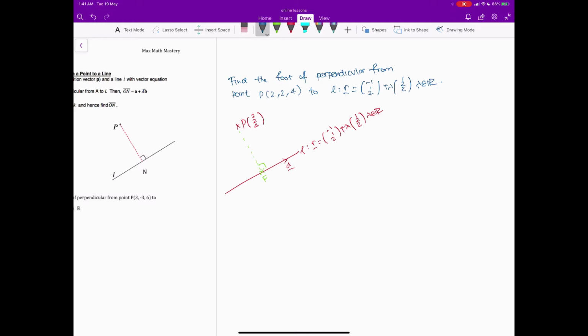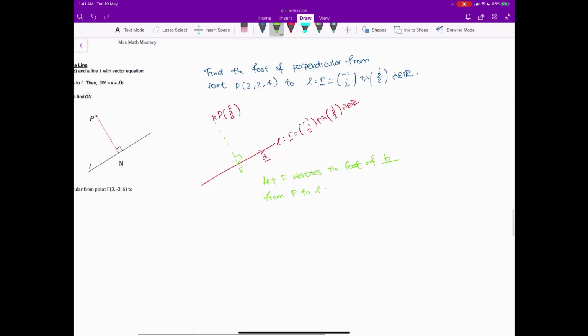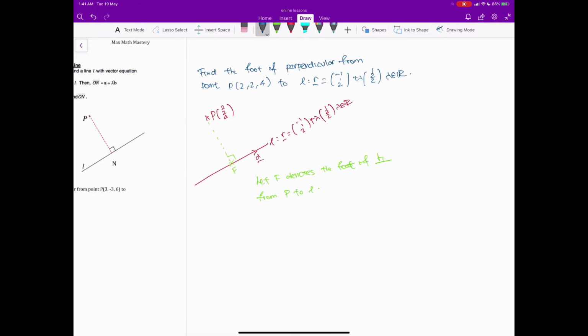So let's quickly try on this question. First, I'm going to let F denote the foot of perpendicular from point P to the line. Some schools require you to spell out foot of perpendicular, so please follow your school. From here, take note that F actually lies on the line.